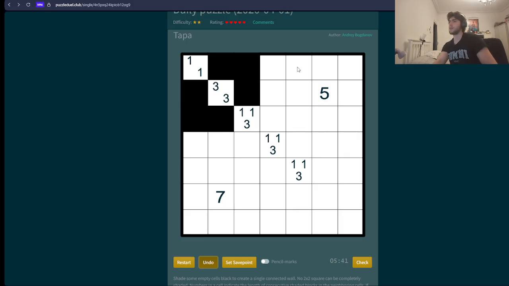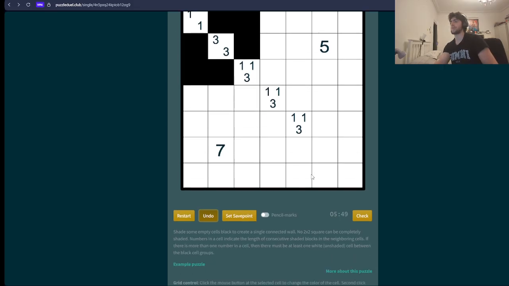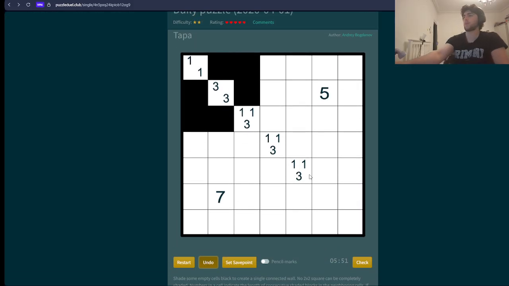So we have to have 5 of these 8 cells shaded in black. I think there's something to do with the fact that you have to form a single connected region at the end. Like that sort of thing. But I can't really figure out exactly what we need to do here.